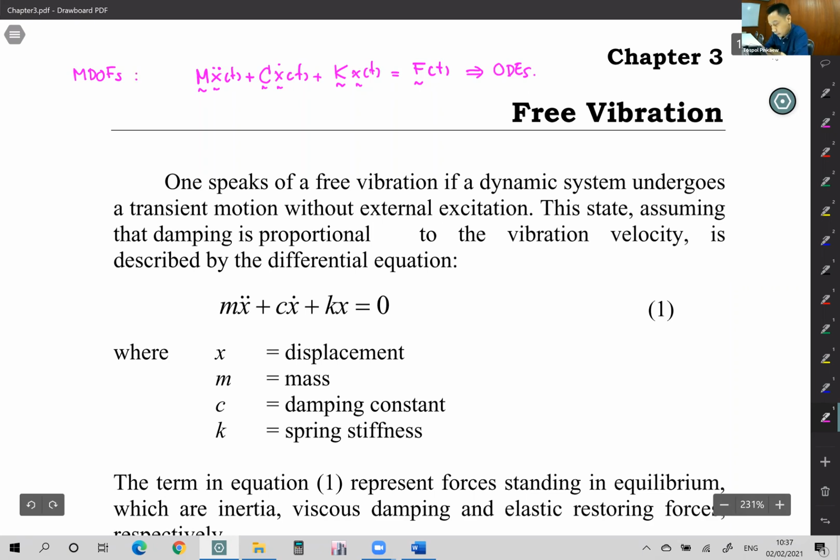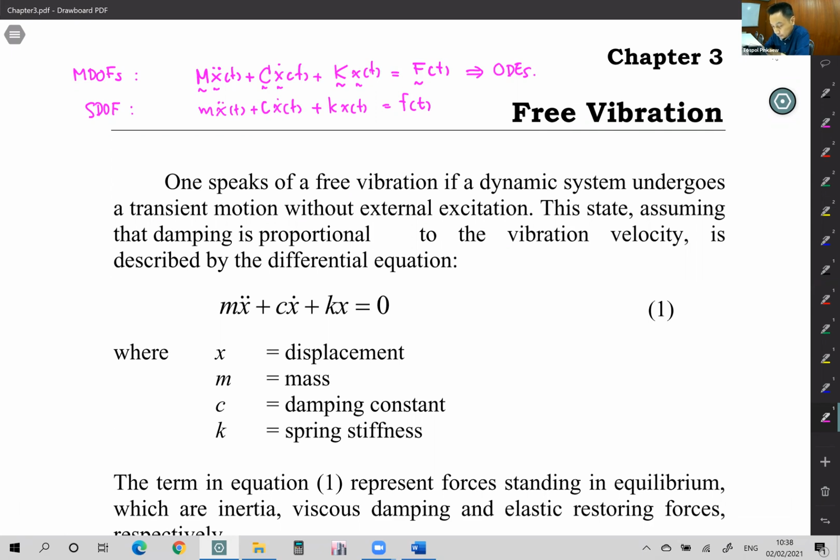With me, you are expected to have a discussion in this form: M x double dot plus C x dot plus K x equal to force function f(t). In this case, you see, M is just one parameter.